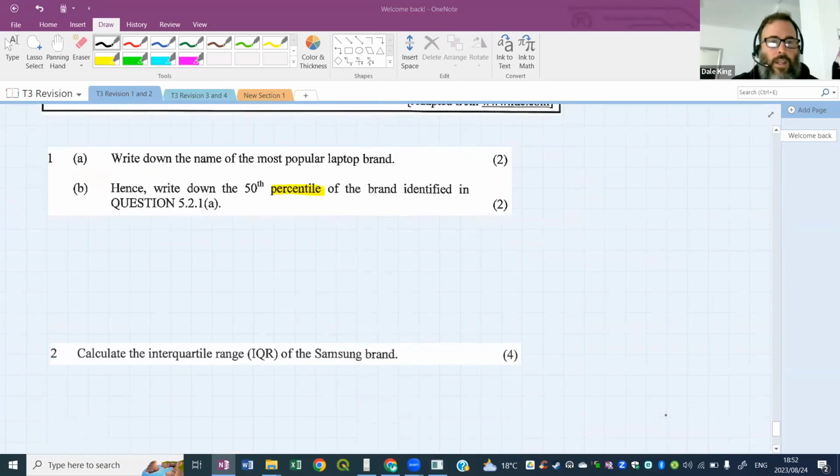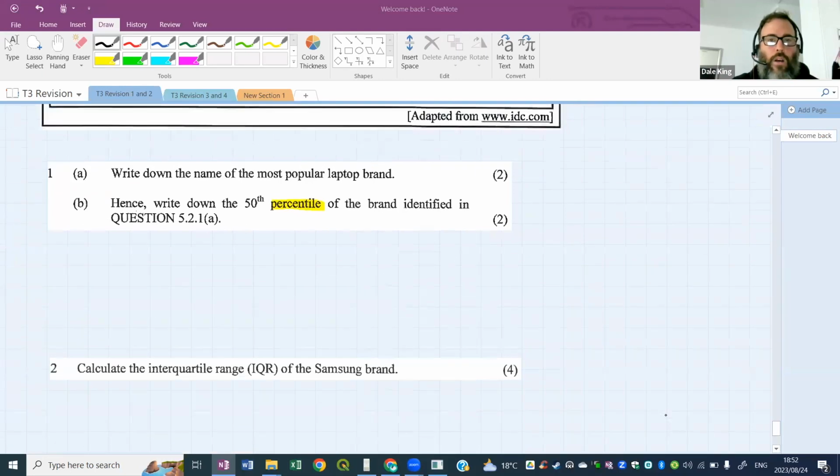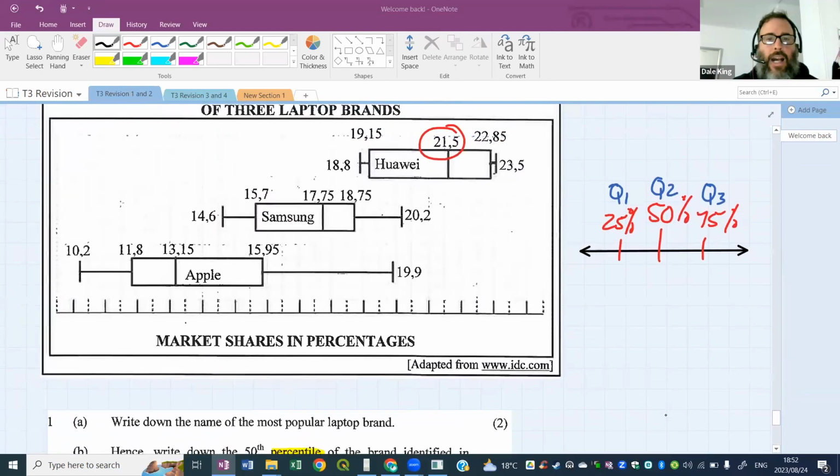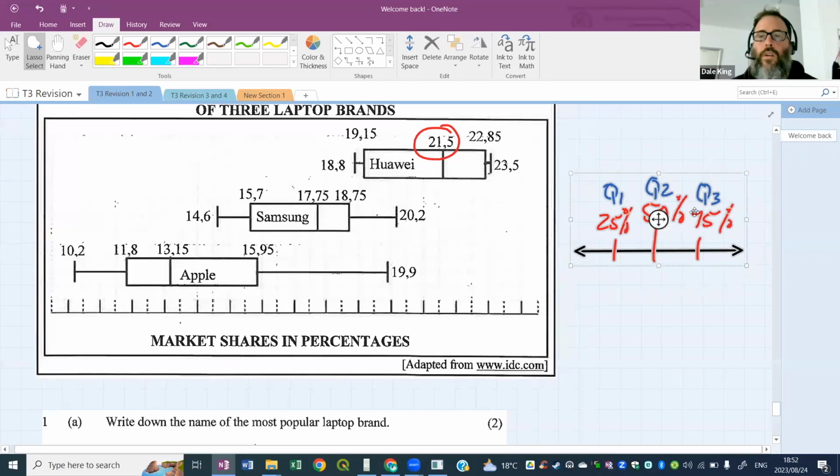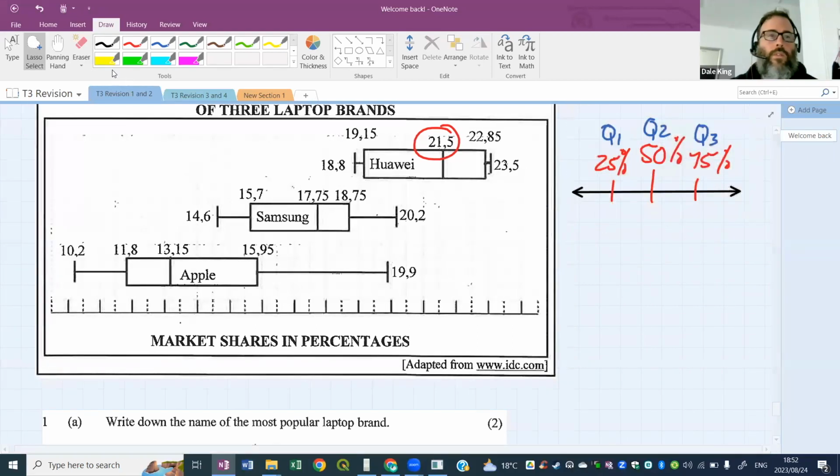Well done. Calculate the IQR of Samsung. I need the IQR of Samsung. We should see some answers coming up now. Good. Kagiso with a value there already.